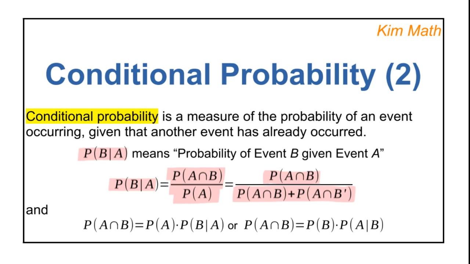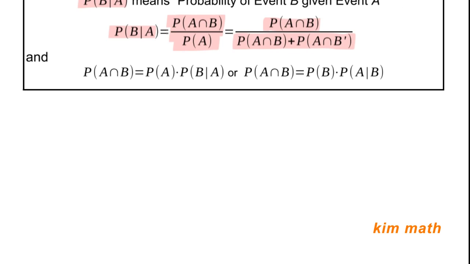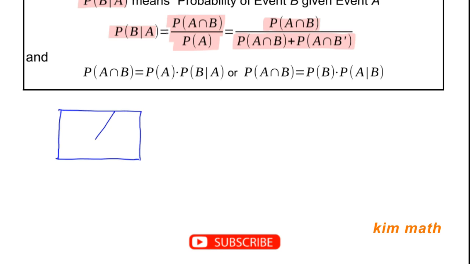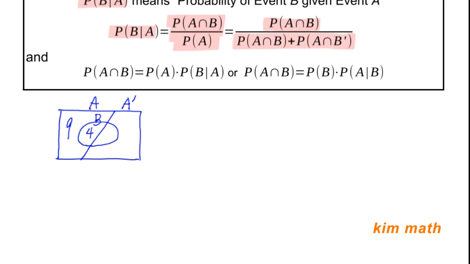Let me give a very simple example. Now the left side is event A and the other side is event not A. And here we have event B. So inside of this circle is event B, and outside of this circle is not B. Okay, and assume we have some numbers here: 9, 4, 3, 11.